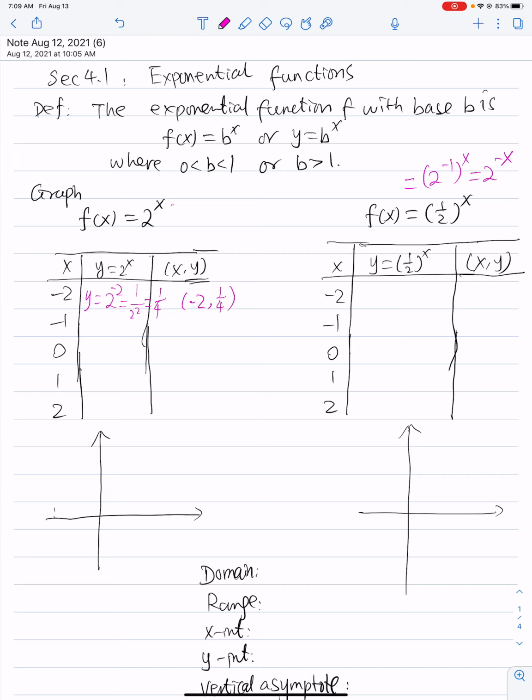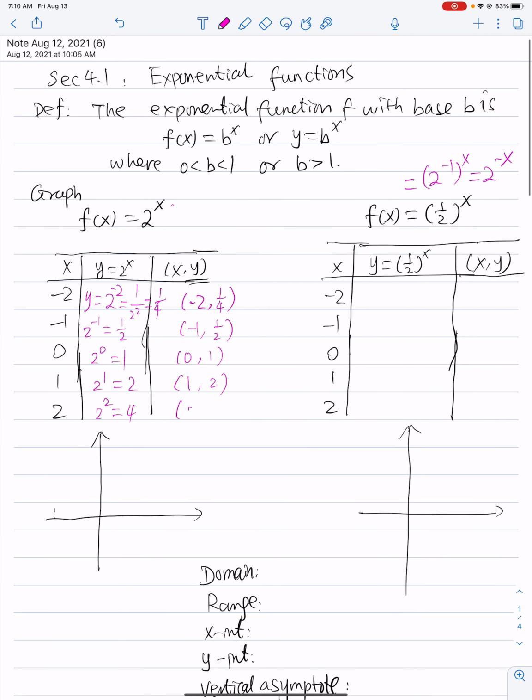Then 2 to the -1 will be 1 half. So -1, 1 half. What is 2 to the 0? 1. So it's 0, 1. 2 to the 1 is 2, so it's 1, 2. 2 to the 2 is 4, so it's 2, 4.